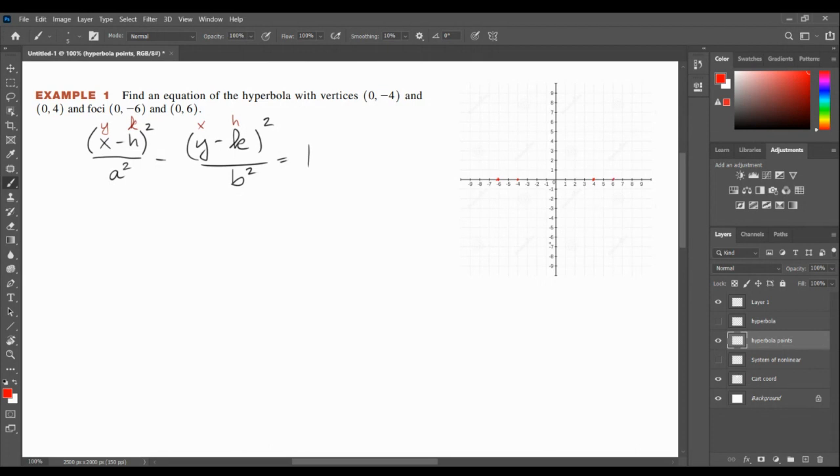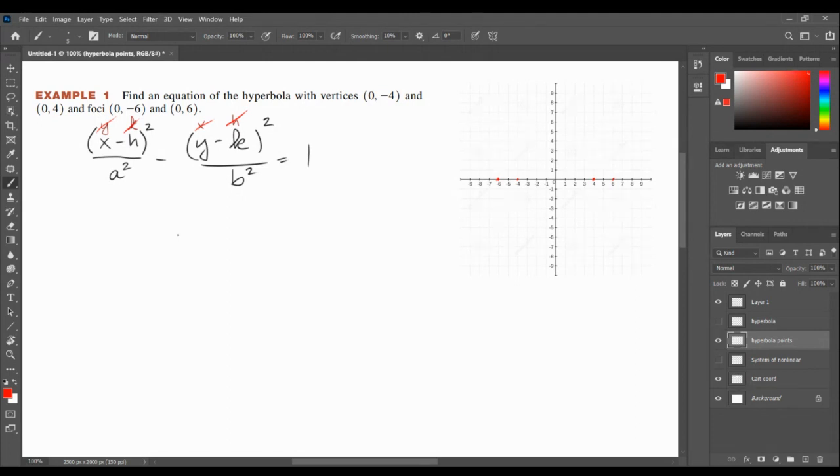So this tells me, just because of the locations of the vertices and foci, that I have a horizontal transverse axis. The line that connects those 4 points is horizontal. And when that's the case, I'm going to go ahead and cross out the y, k, x, and h because we know that the way I originally wrote it will be correct.